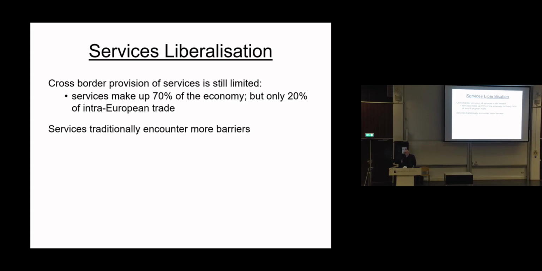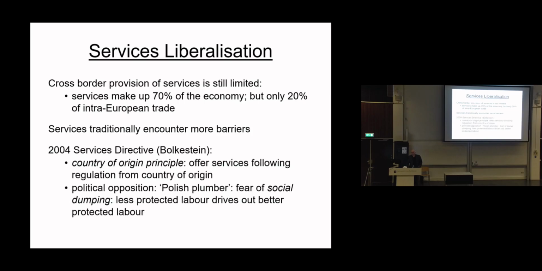Also, one of the delicate issues in the liberalization of the internal market was the free mobility of services, and that was met with more barriers. There was more reluctance to that.